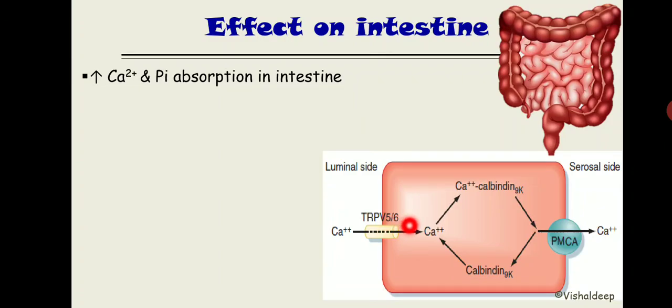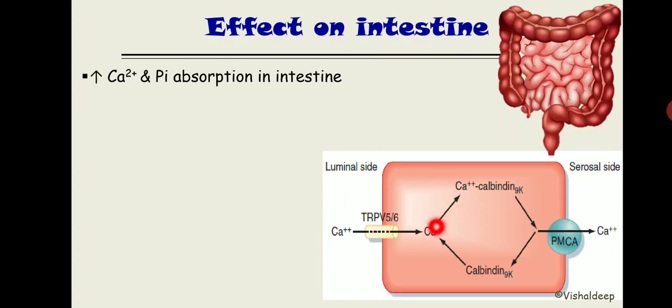Now you already know the full form of TRPV5 or 6. It is the transient receptor potential vanilloid channel 5 and 6. This channel will operate in a concentration gradient manner. Once this channel is translocated to the luminal side, it will let the calcium move along its concentration gradient and calcium will be stored inside the cell.